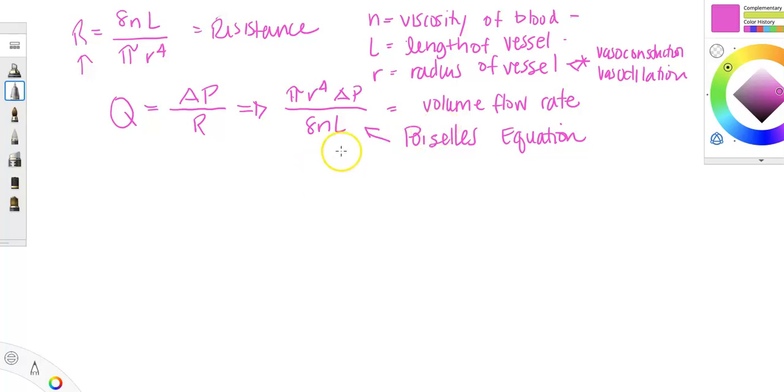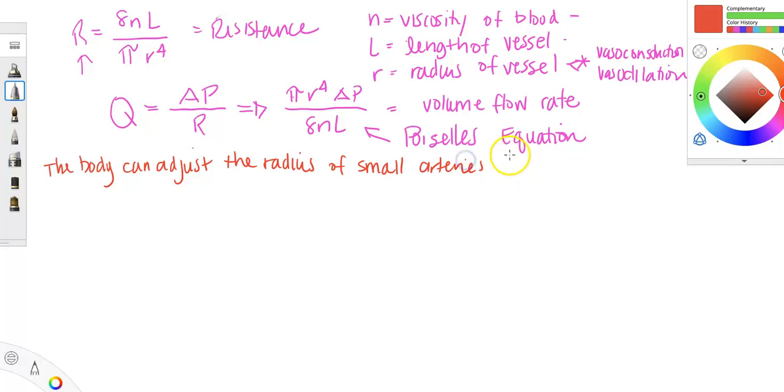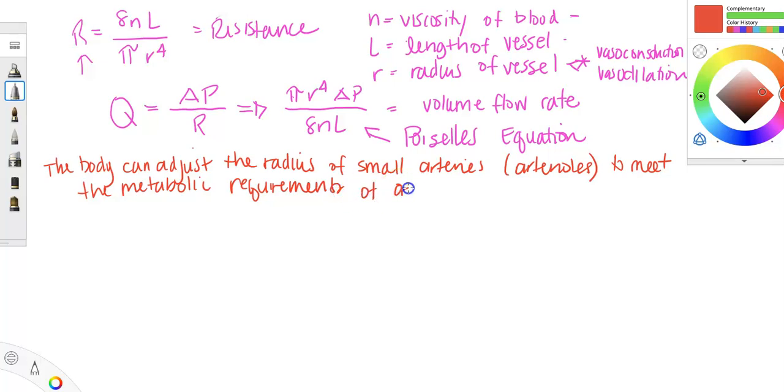So the body can adjust the radius of small arteries, basically arterioles, to meet the metabolic requirements of organs and tissues.